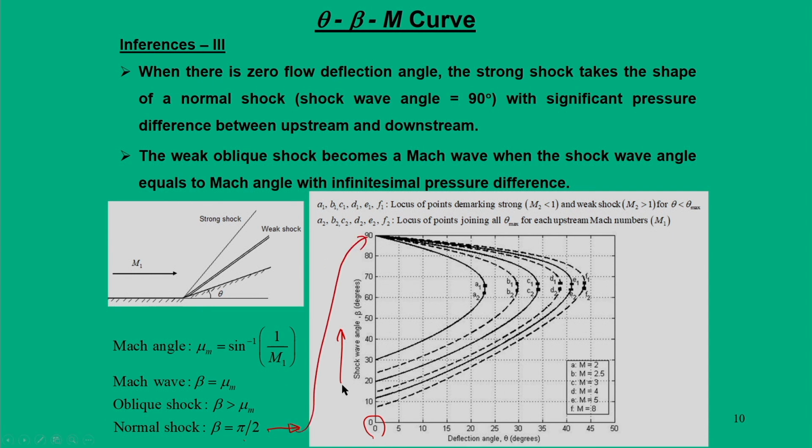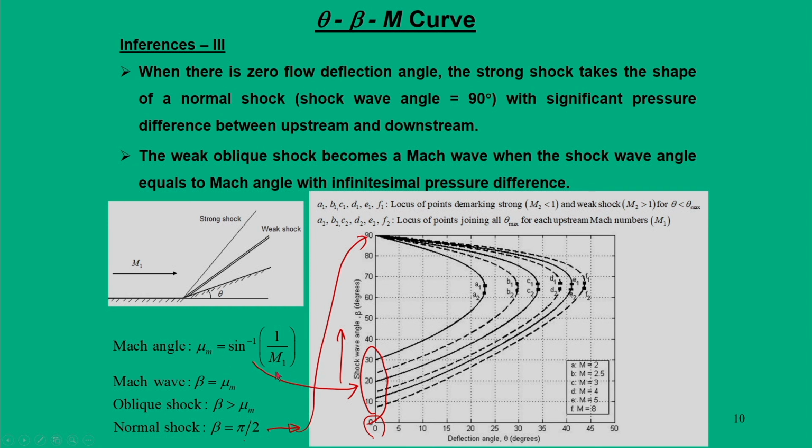Now, the lower limit is different for different Mach numbers, and in fact we have been saying that that is nothing but your Mach angle. So, these lower limits refer to Mach angle, and if you know the Mach number, for Mach 2 the Mach angle would be 30 degree, that we can find out from here.